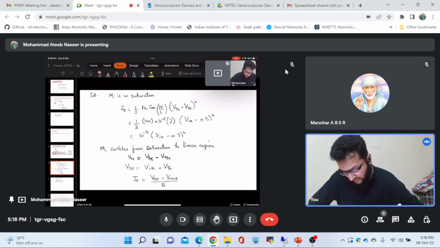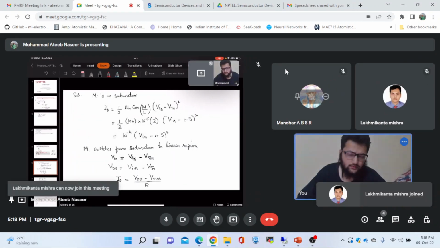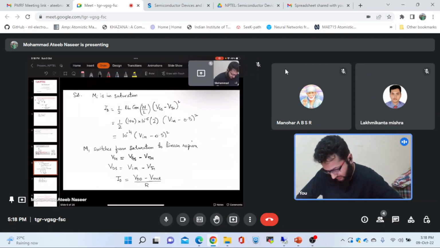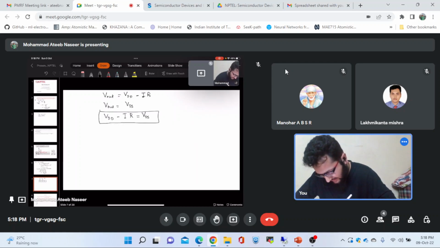Now if I use this value and put it over here, since we know this VDS is equal to V in minus VTH, it will become VDD minus IR is equal to V in minus VTH.